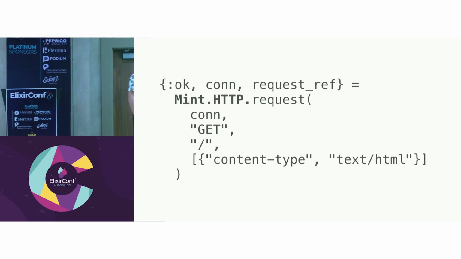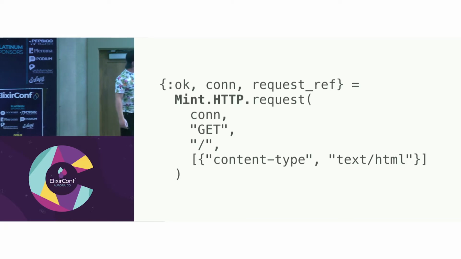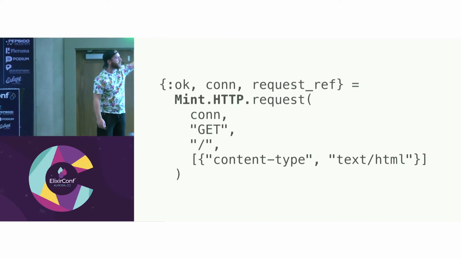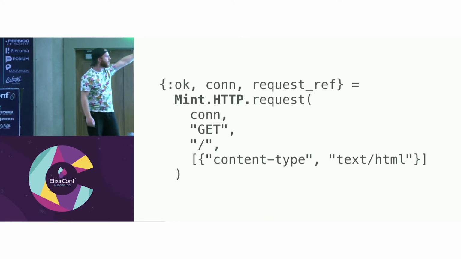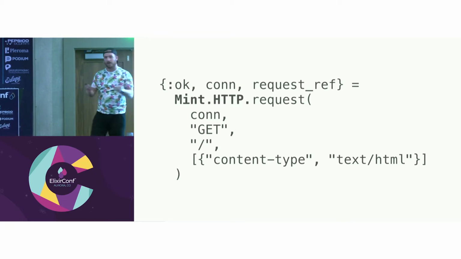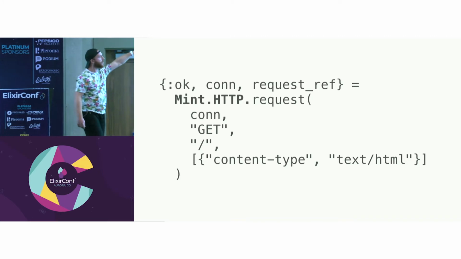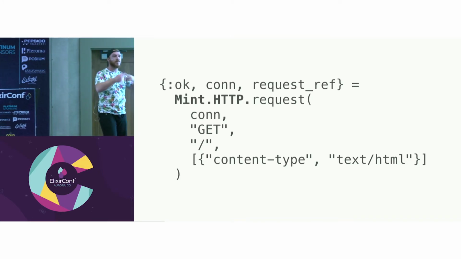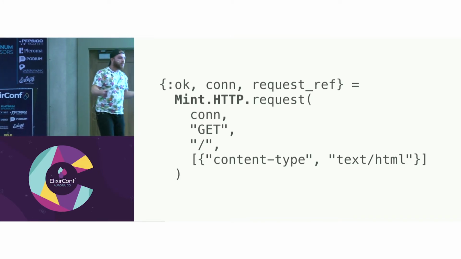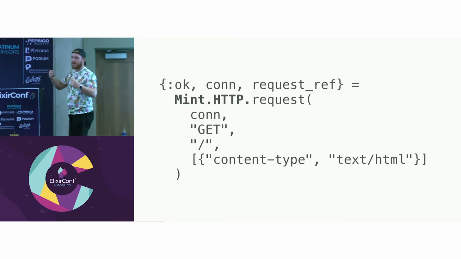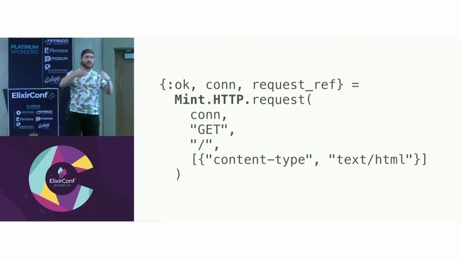As you can see, when you call Mint.HTTP.request, it returns the connection and a request reference. We're going to talk about the request reference later, but it's important to notice that the connection is just a struct. It's an immutable data structure, so you have to rebind it and keep it updated. It's like with any immutable data. If you have a map and you put a new value in it, you have to store the new map somewhere.